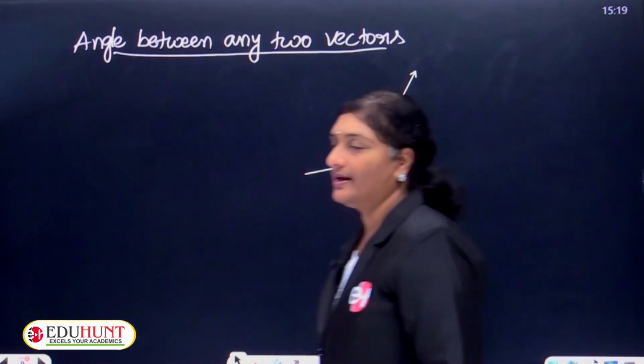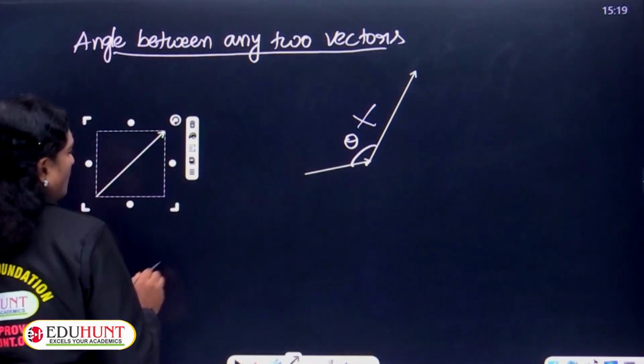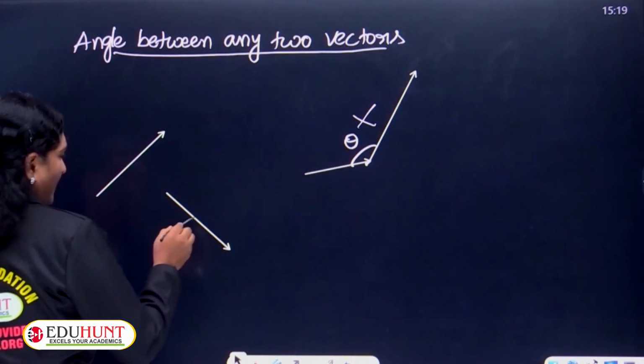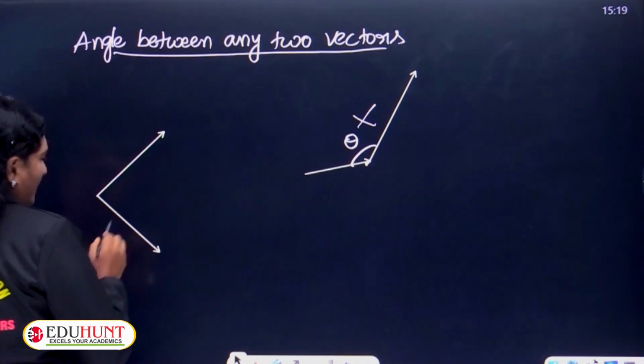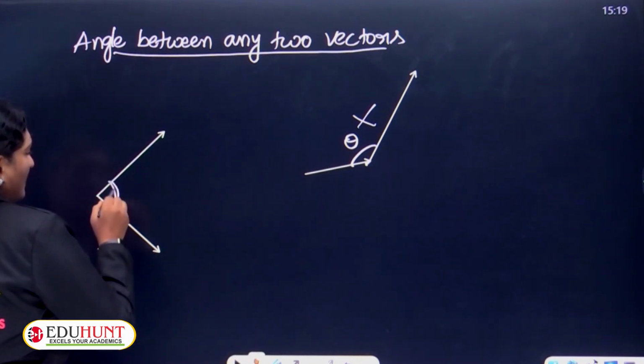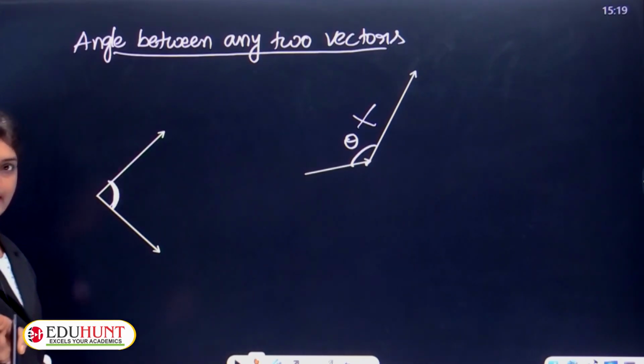Meanwhile, I would like to explain something else, children. Consider two vectors, vector 1 and vector 2. Earlier I told you that the two tails must join at a point and the smaller angle between the two vectors is taken as the angle between the two vectors, the smaller angle, children.